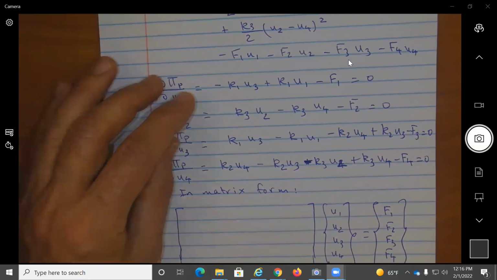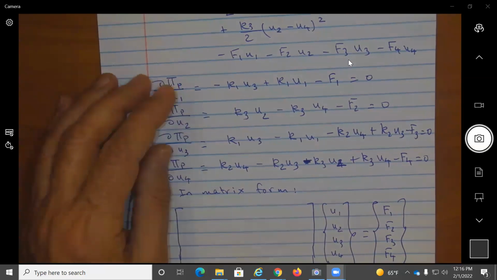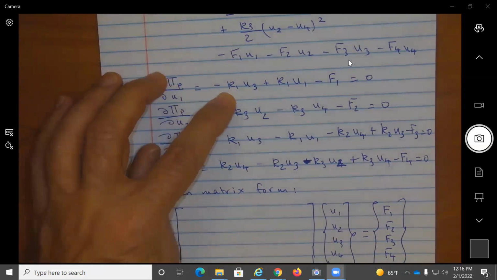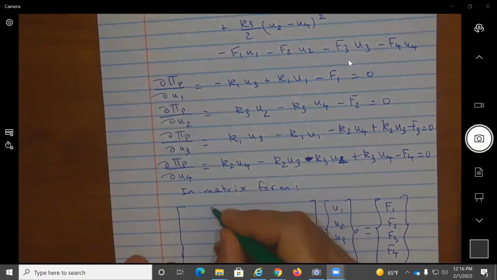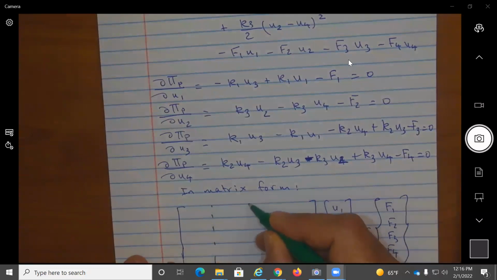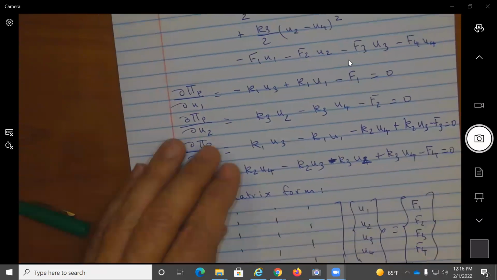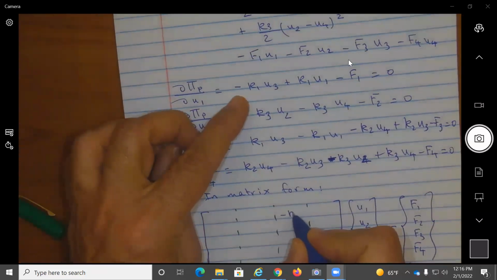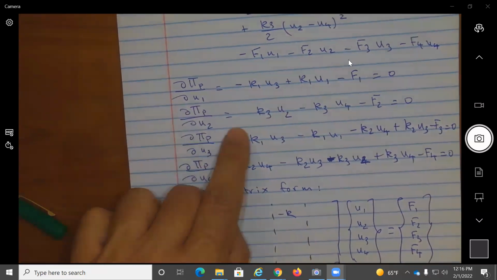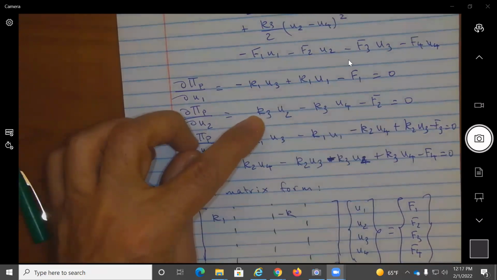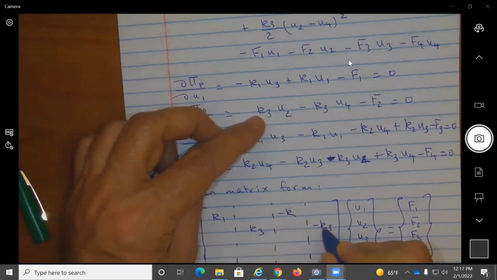Of course, I'm going to put 0 anywhere there are no values. For the first line, I have a minus k1 in column 3. So let me just make some columns. I have here a minus k1, and here a plus k1. For the second equation, I have a k3 times u2 and a minus k3 times u4.